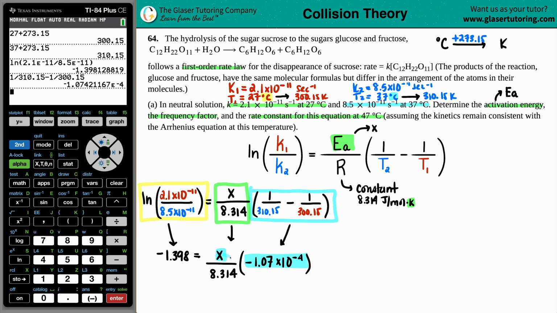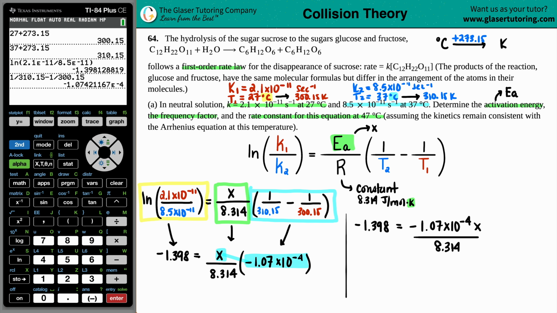So we can multiply these two, and it could be on the same numerator. So what I'll do is maybe I'll split this, and I'll say negative 1.398 equals negative 1.07 times 10 to the negative 4th times x over 8.314.